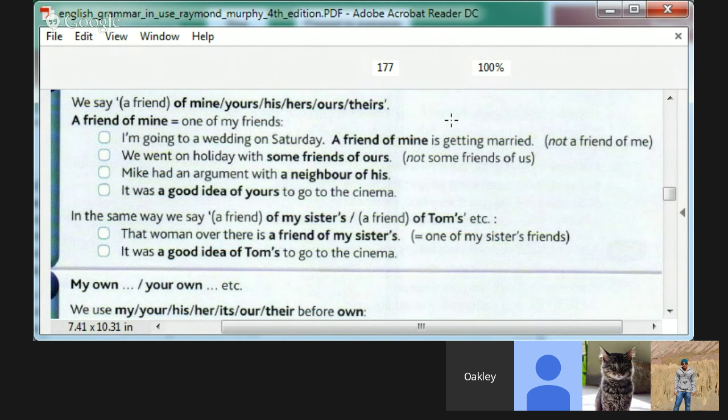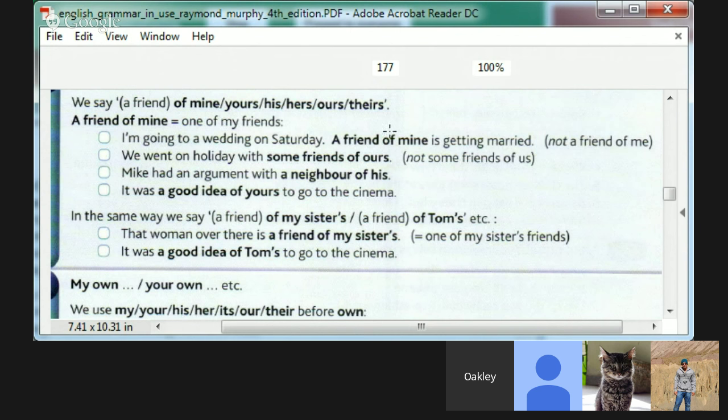A friend of mine means one of my friends. Very commonly used in situations like this: I'm going to a wedding on Saturday. A friend of mine is getting married. We would never say a friend of me.